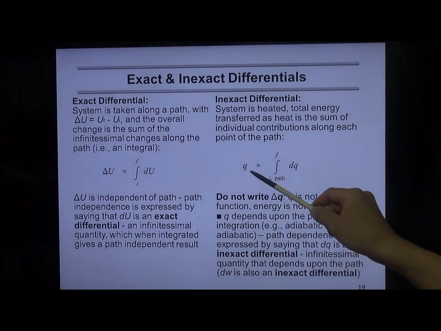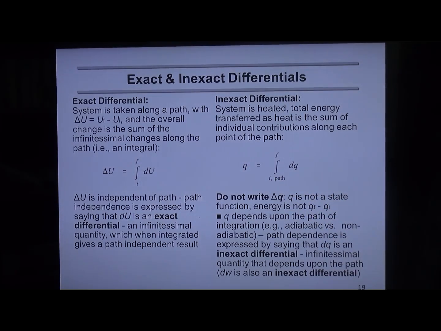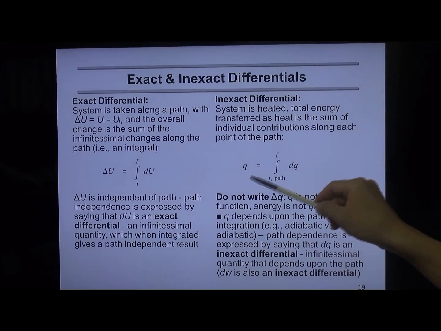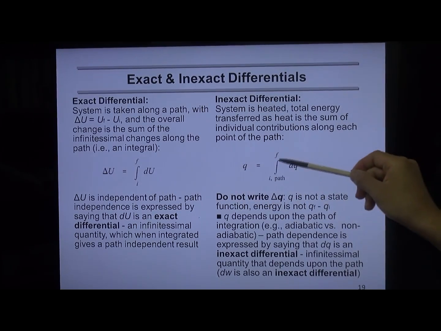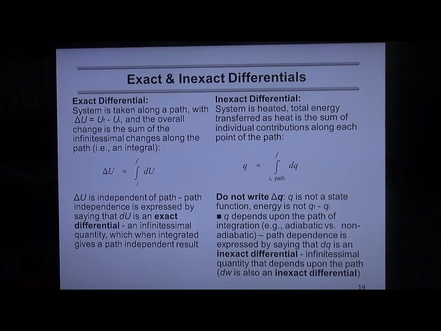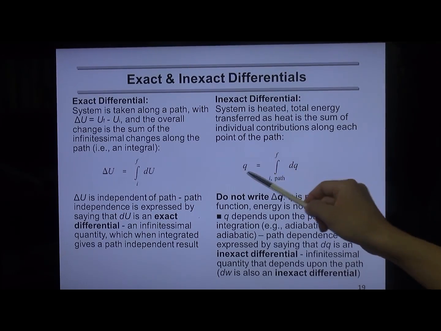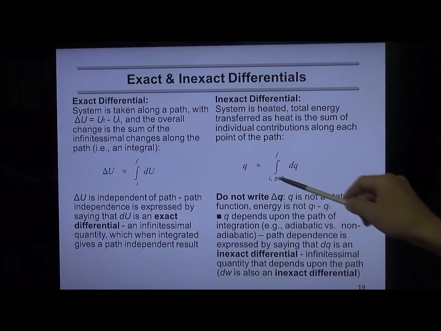But Q and W are not state functions, they are path functions, so we do not put delta, it's just Q or just W. If you also express these path functions using differential form, you can use the same integral from initial to final state of dq, but these are path functions, so they depend on path.